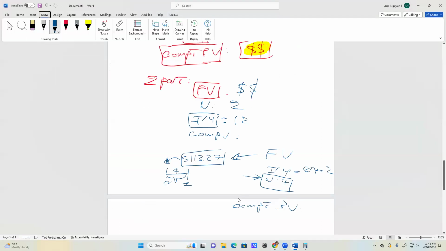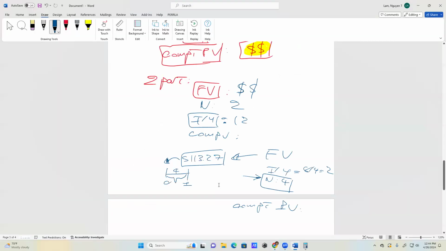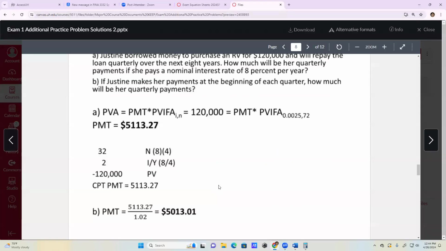Okay, let's try. Put 5113.27 as a future value. 2 for the I/Y, 4 for the number of periods, 4 for N, and then hit compute. Compute payment?